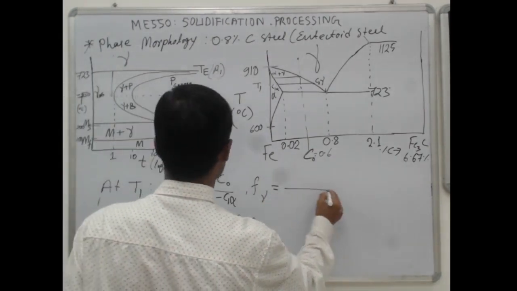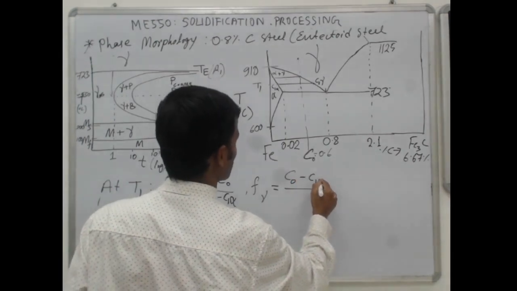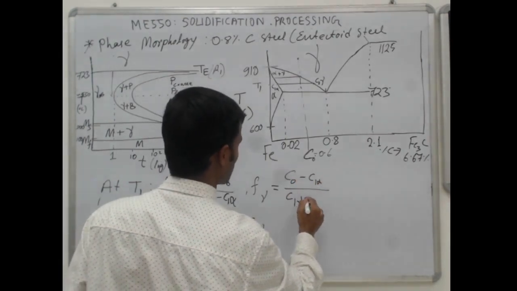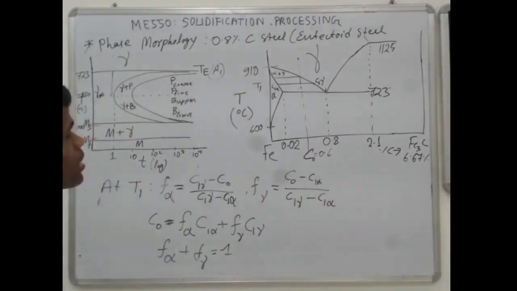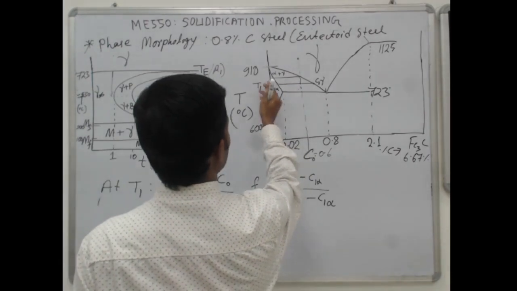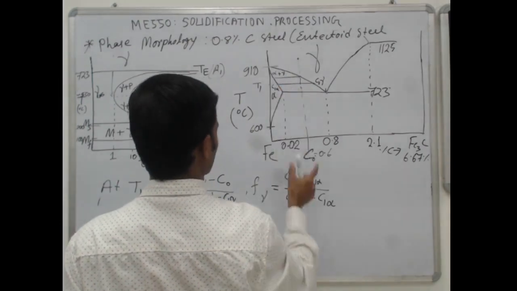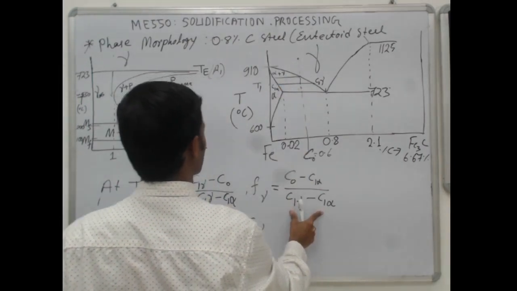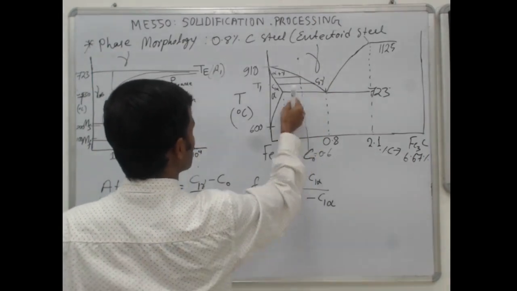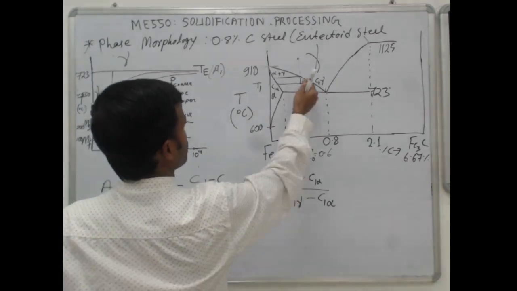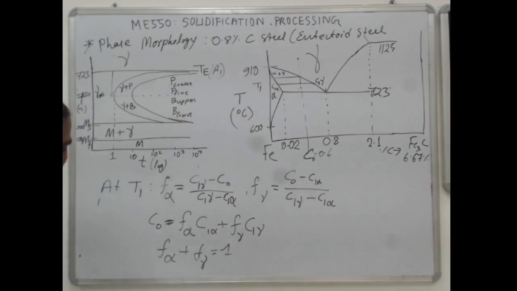So austenite will be given as this length: C0 minus C1 alpha by C1 gamma minus C1 alpha. If it is on the alpha side, you take this in the numerator and the whole range in the denominator. If you want to find gamma, you take the left arm from the fulcrum divided by total. For the right composition, the left composition, the right arm divided by total. So this is how you find the composition.